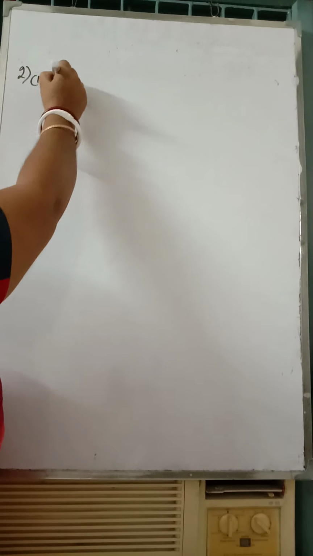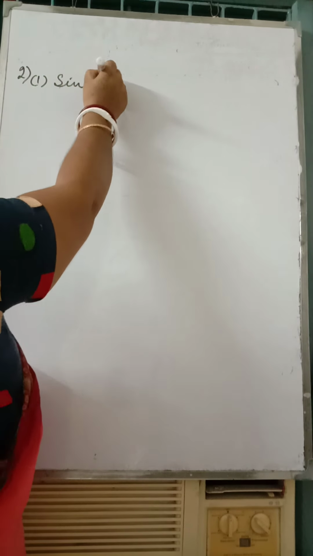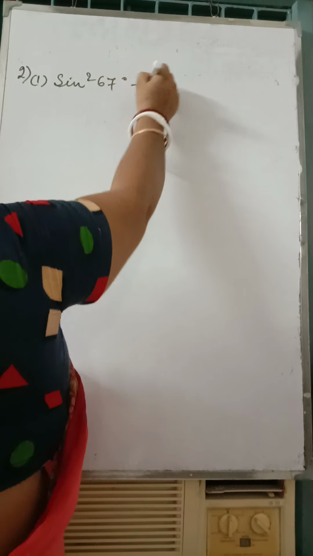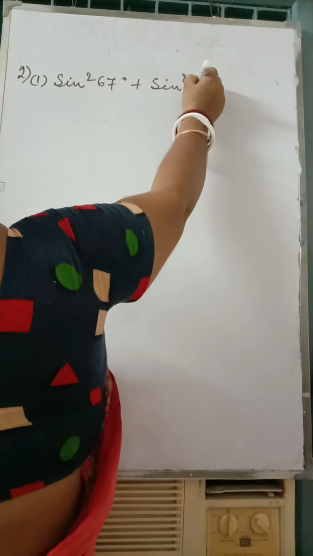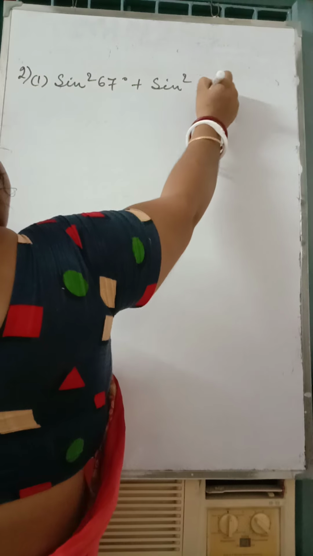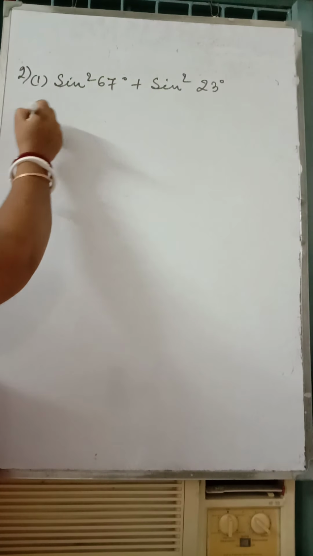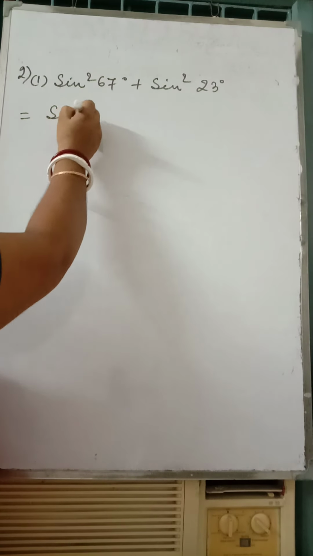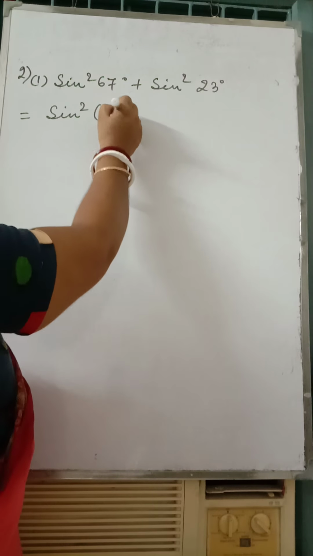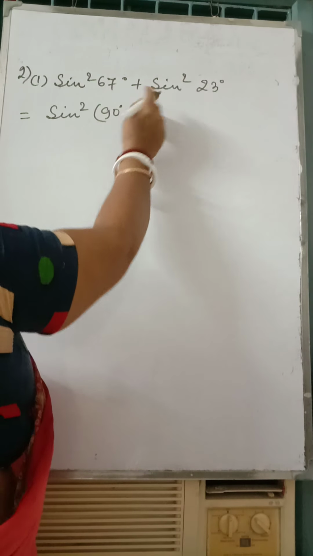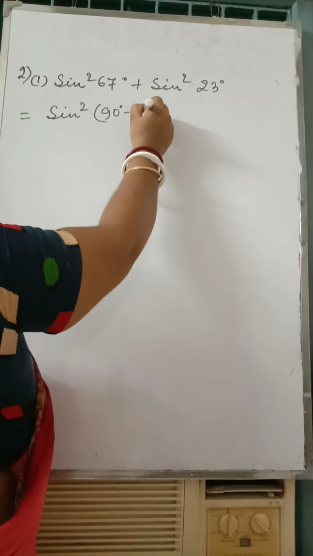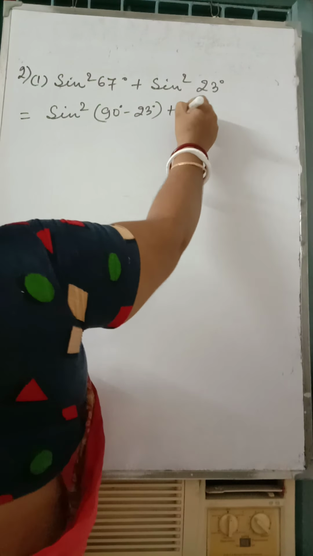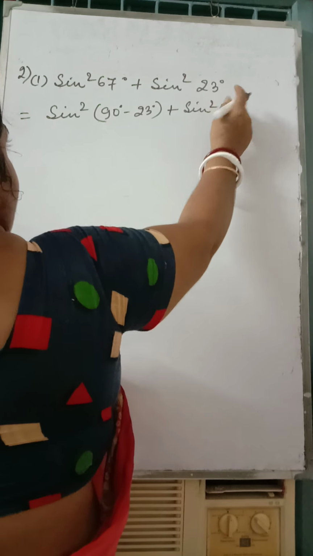Let us see question number 2.1. Sine square 67 degree plus sine square 23 degree. Is it my dear? So the sine square 67 degree, may I write it as sine square 90 minus 23 degree, it gives you 67, plus sine square 23 degree.